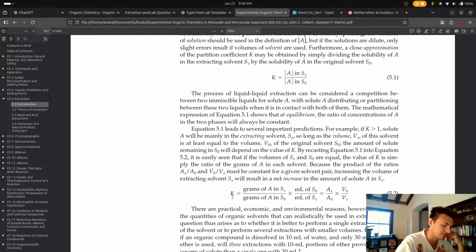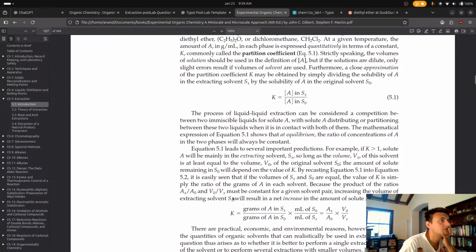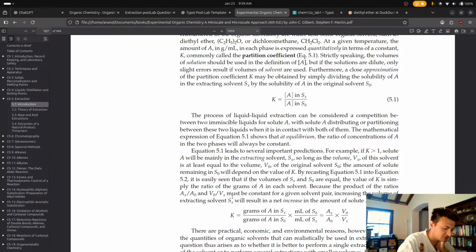If K is 2, and we currently have, let's say, just 10 grams of benzoic acid.